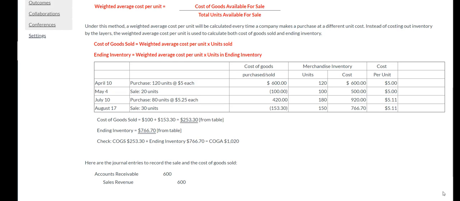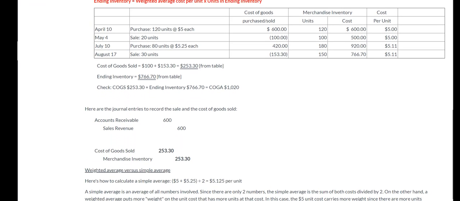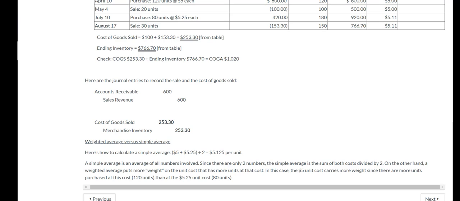Due to the fact that you have to constantly update and recalculate the weighted average cost per unit every time a company purchases new units, the weighted average cost per unit is referred to as the moving average. This method involves intricate calculations, so I recommend that you read and review this example so you become very familiar with how this method works.